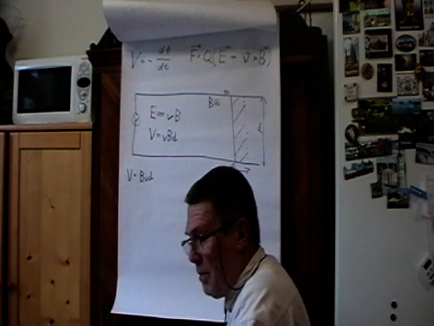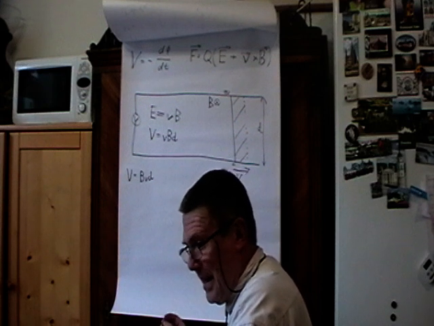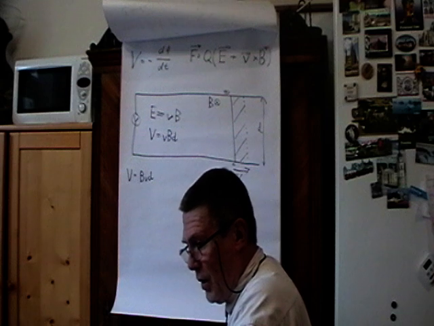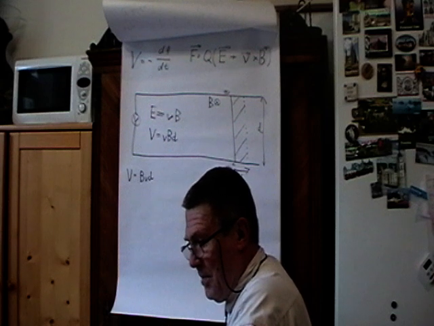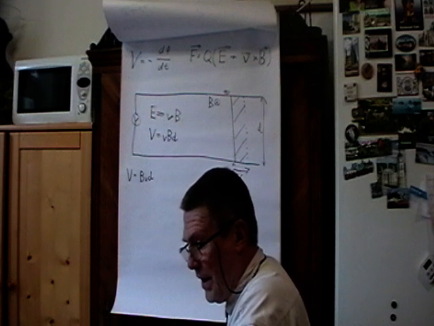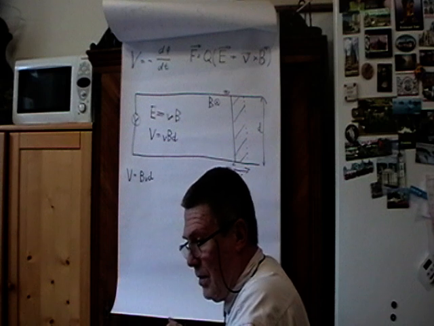This is an important point to understand, and I intentionally try to describe it using two different laws. But it's the same thing. It's the induction of voltage given by a change in magnetic field.